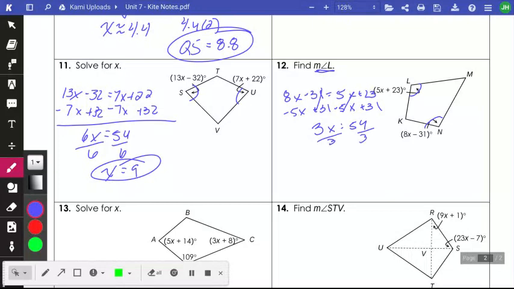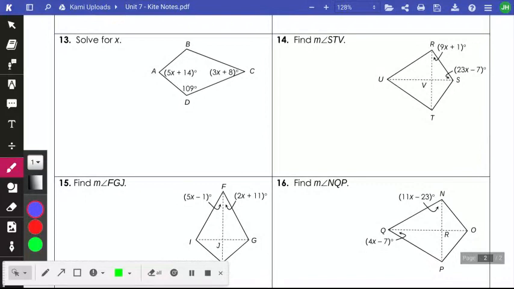I will divide both sides by 3 and get 18 for x, but that's not the end because we have to go plug it in. So I'm going to do 5 times 18 plus 23. I will get 113 degrees for that angle L.